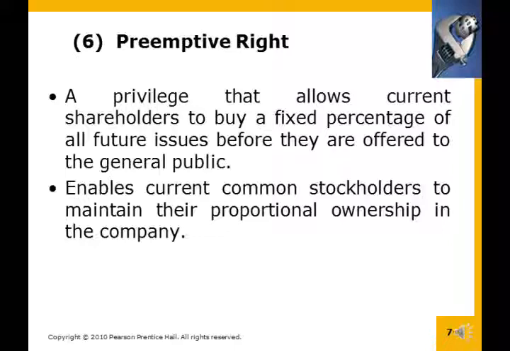So investor A can buy 10% again, which is 100 shares from 1,000 shares. Why? This will make him maintain his proportional ownership in the company, and so he can maintain his power in the company.